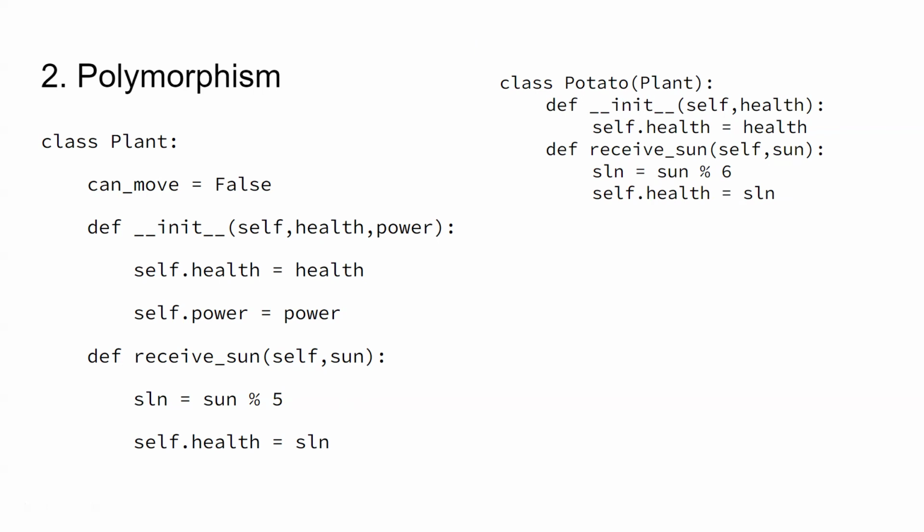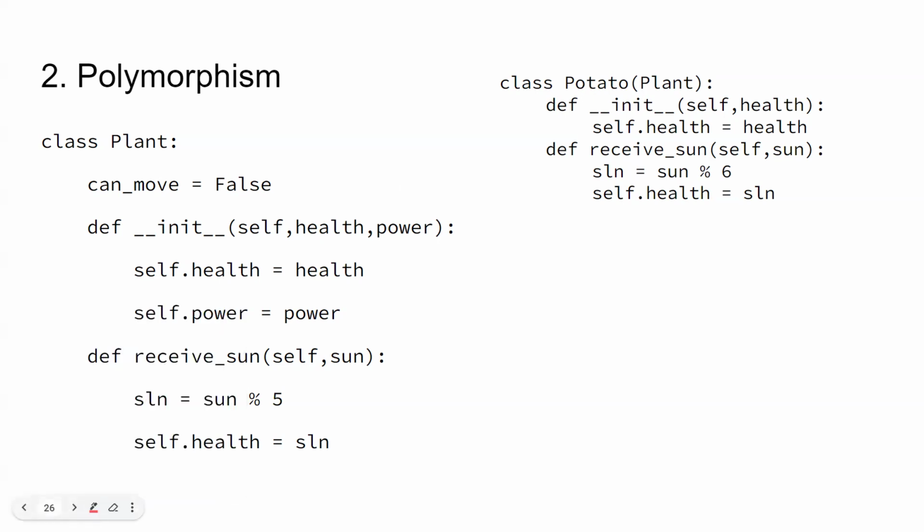So you just say it's an action of receiving sun. Suppose I have functions with the same names as in the parent class, but they are acting differently.